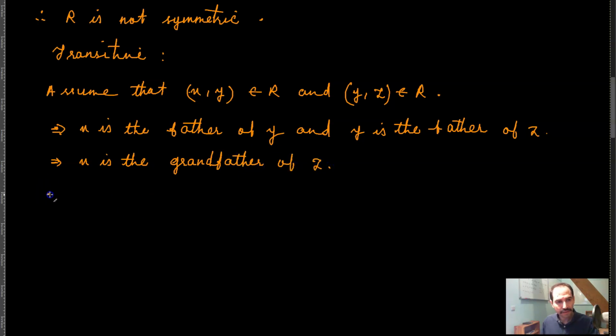Which means that x comma z does not belong to R. So if x comma y and y comma z belong to R, then x comma z does not belong to R, which means that R is not transitive.